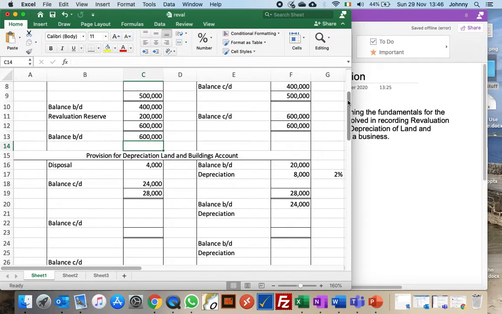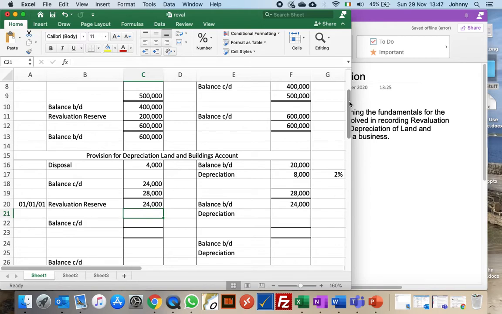So on the debit side of provision for depreciation, at the beginning of the year, say 2001, where we have a revaluation, we cancel all the depreciation that we have up to now, so 24,000. That means at the end of the year, we have no depreciation in this provision account, and we'll have to do the expense for provision at the end of the year. We'll do that in a second.